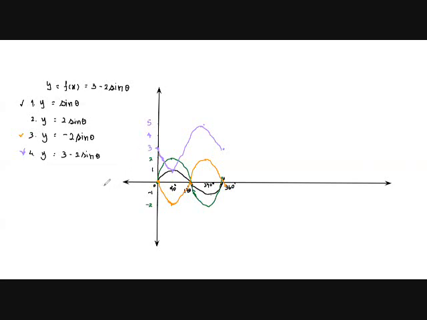Now, how about this one? Take a look at this. If the question gives you y equal to 3 minus 2 sine theta, and I give it to you as an absolute value, then what is the final graph going to be?